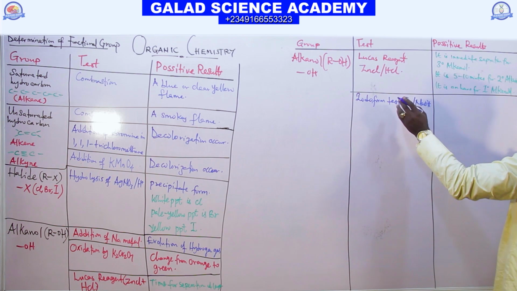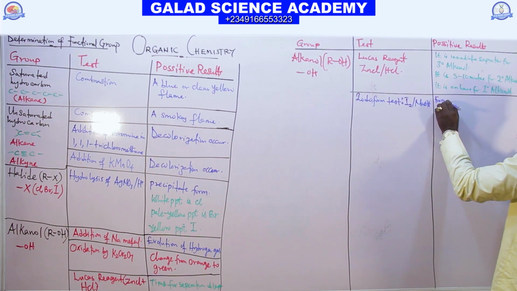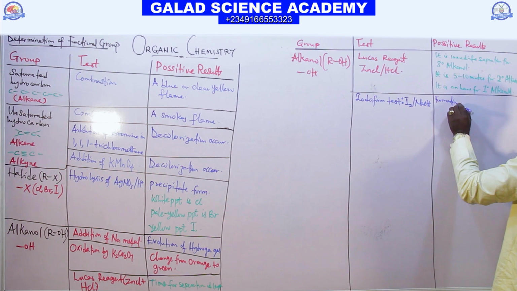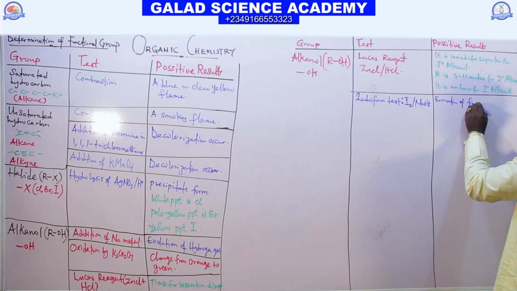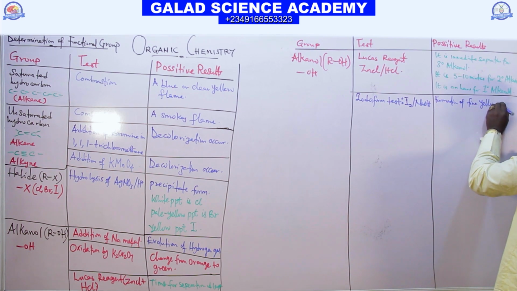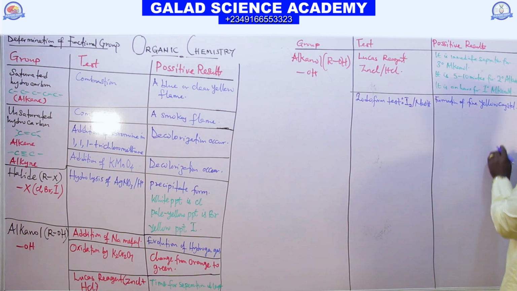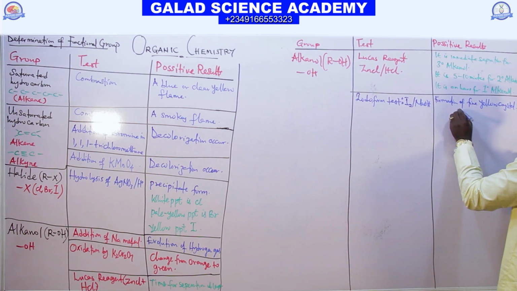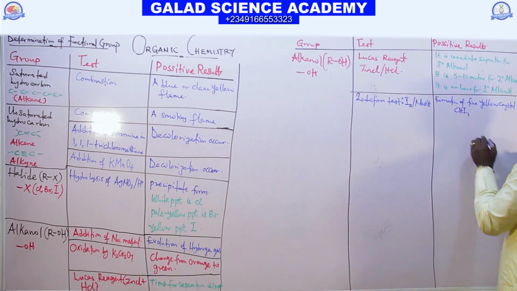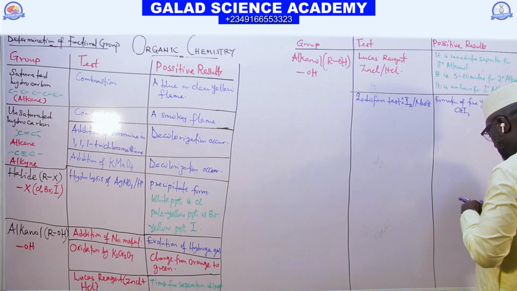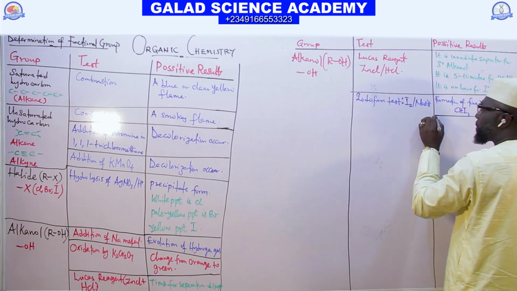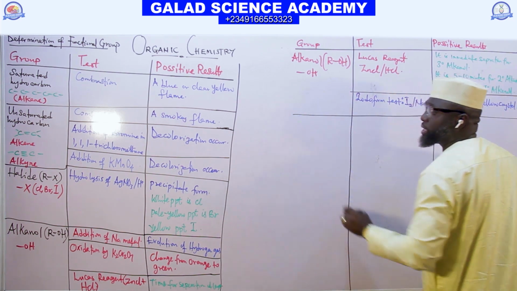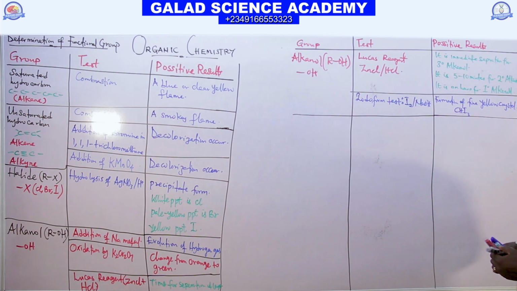So when it reacts with alkanol, we have formation of fine yellow crystal, which is CHI3. So that is all about the test for alkanol.